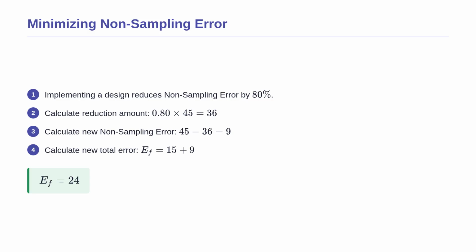Finally, we add the fixed sampling error of 15 to our newly reduced non-sampling error of 9. The final total error is now only 24 units. This step highlights how a good blueprint directly targets and eliminates human error during the research process.